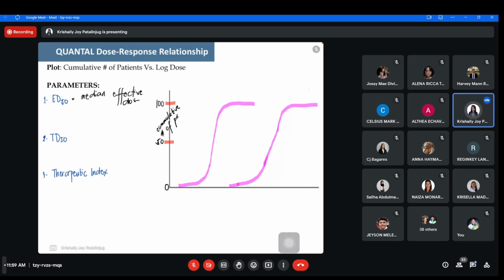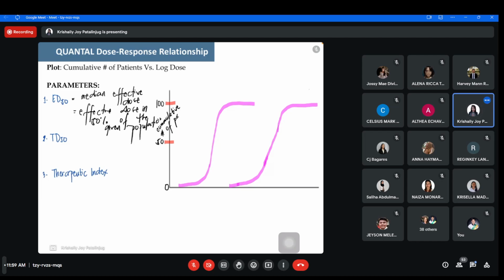So yung median effective dose, that is the effective dose in 50% of the given population. I repeat, that's the effective dose in 50% of the given population.